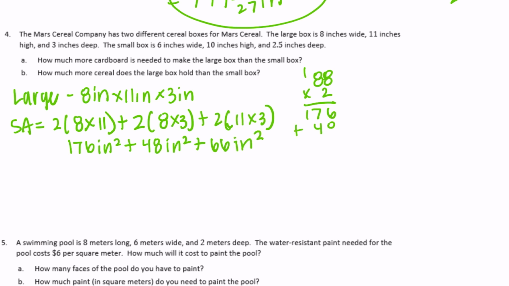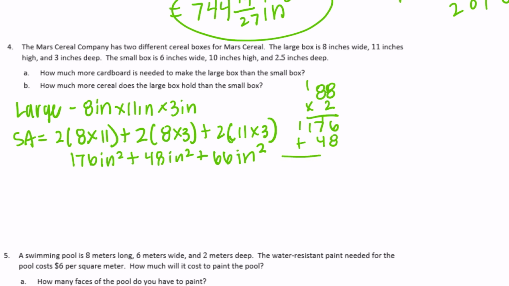So let's add 48 to that. 224 plus 66 is 290 inches squared for the surface area.